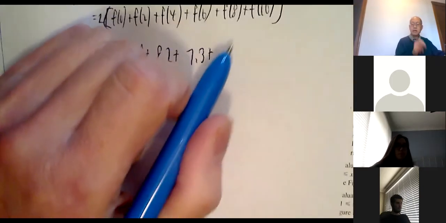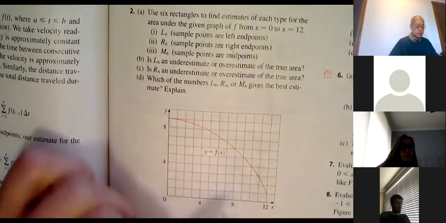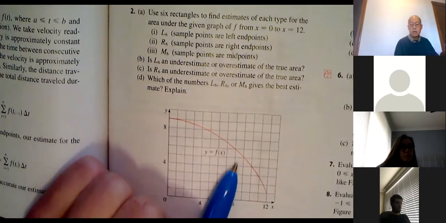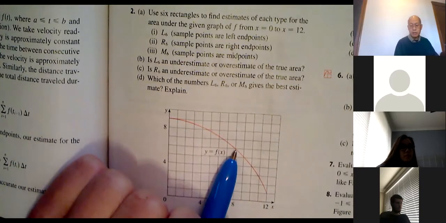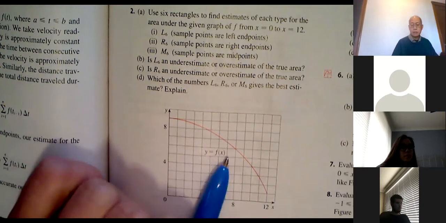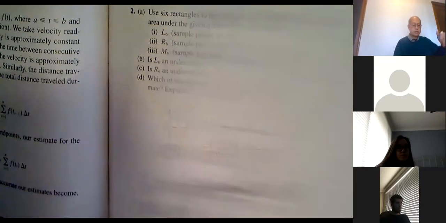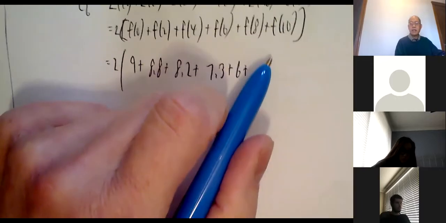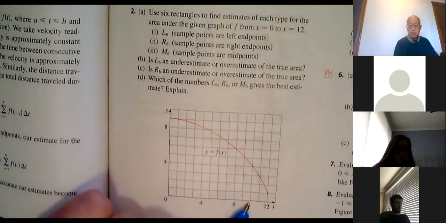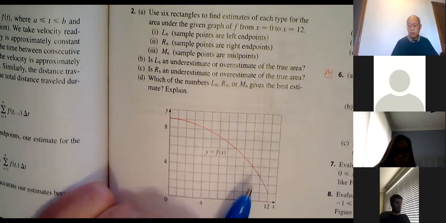I'll say 7.3. f of 8. Looks like it lands right on 6, right? 6. And finally, f of 10. 4.